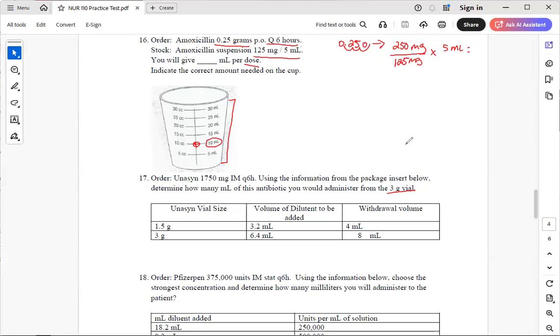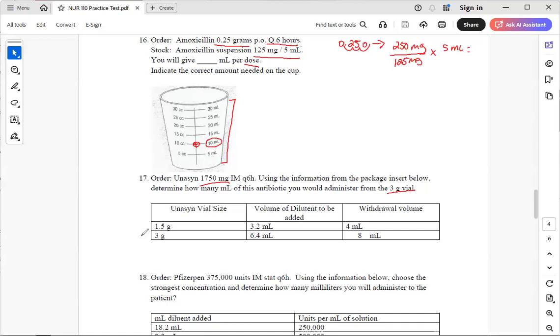Okay. But you need to know how to read this label when you see all this data here. We have an order of 1,750 milligrams IM intramuscular every 6 hours. And we want to know how many milliliters are we going to administer. Not every 6 hours, we just want to know how many we're going to administer in one dose.